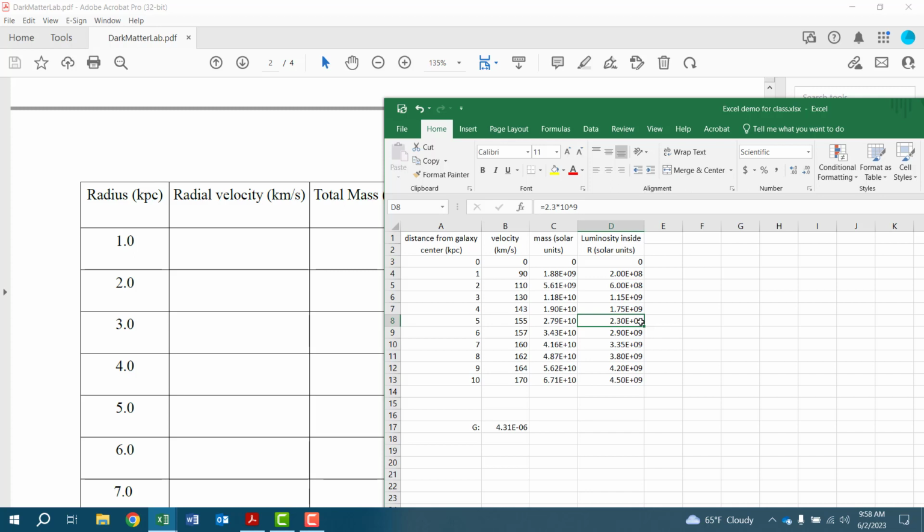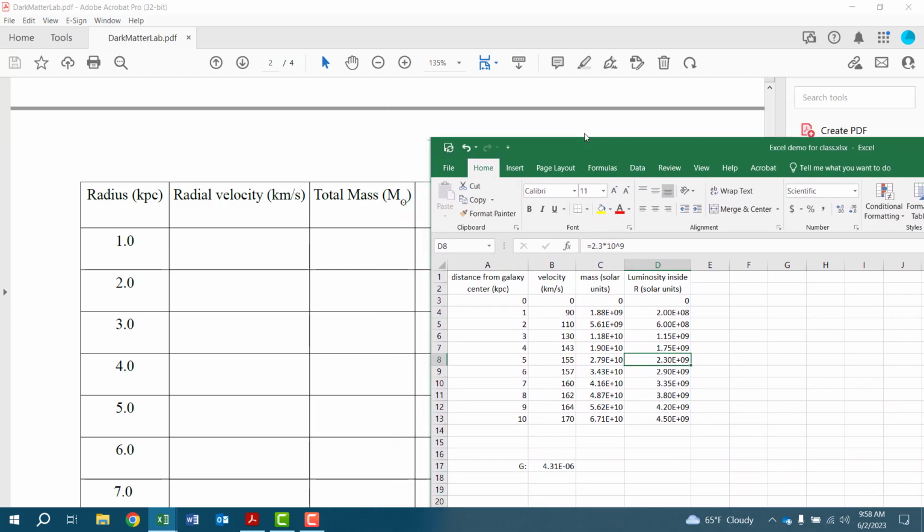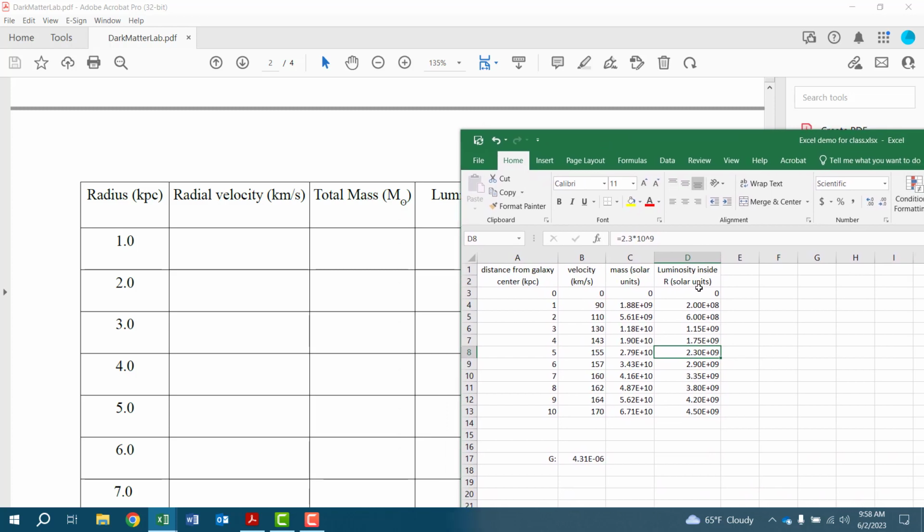Like the amount of light we can measure within that radius of the galaxy appears to be as bright as 2 billion suns. And the next calculation the lab manual asks you to do is to simply take all these numbers and double them to estimate the amount of mass within that distance due to stars.